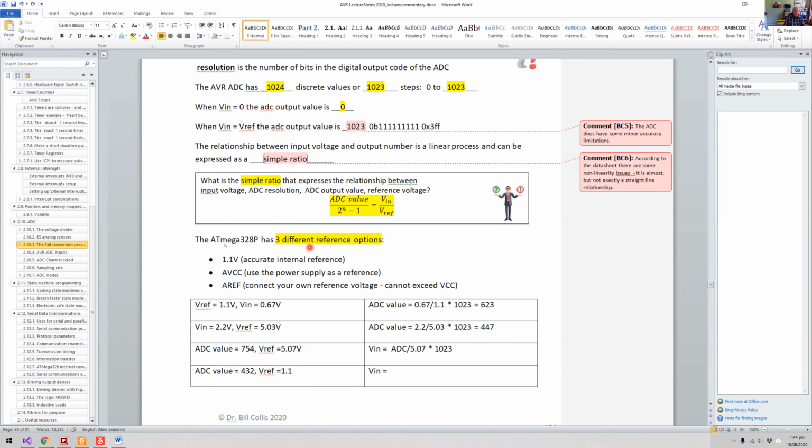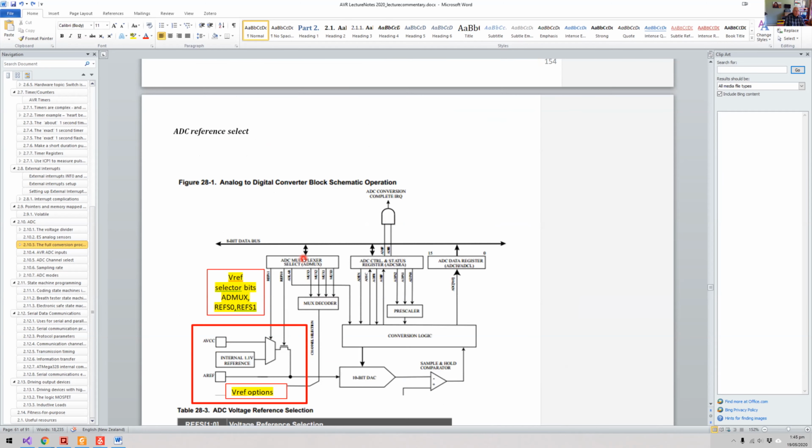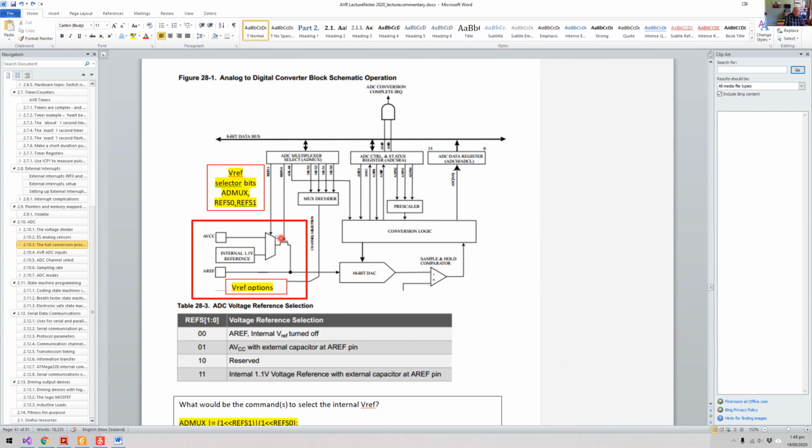Now I've looked and said that there are 3 different voltage reference options. And down here where we have these different voltage reference options, we have our AVCC, which is a voltage which is powering up our analog to digital converter circuits, and that's typically the same as VCC. We have an internal 1.1 volt reference.